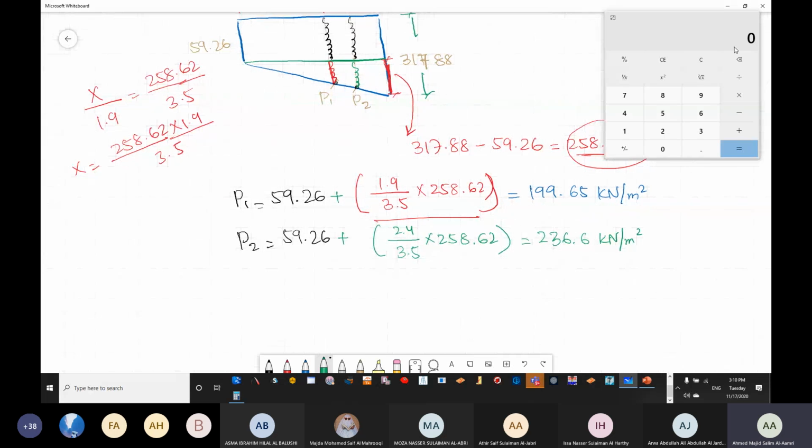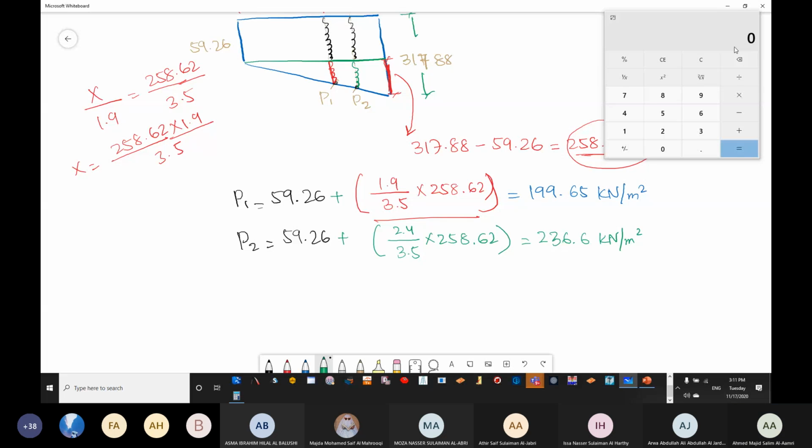So now we have 236.6 kilonewton per meter square.